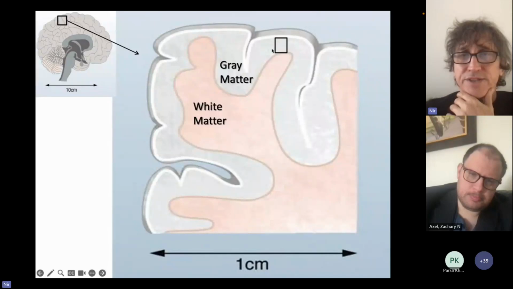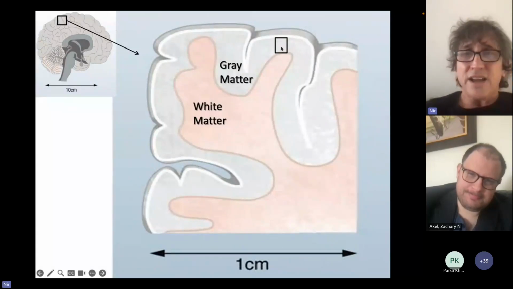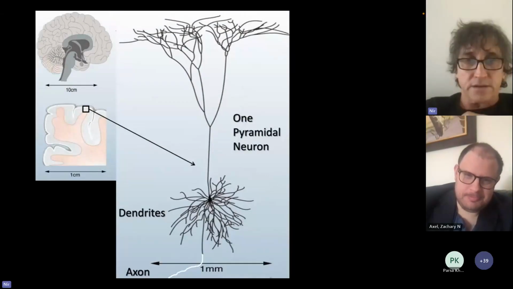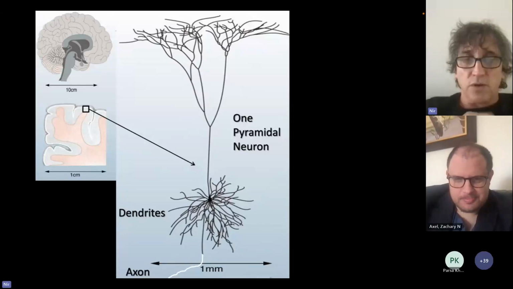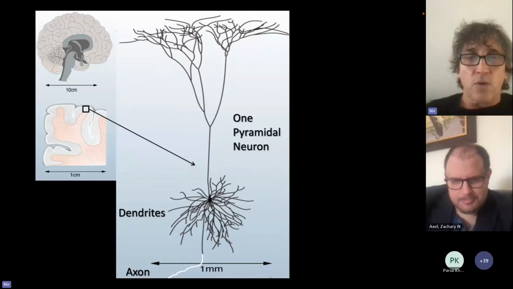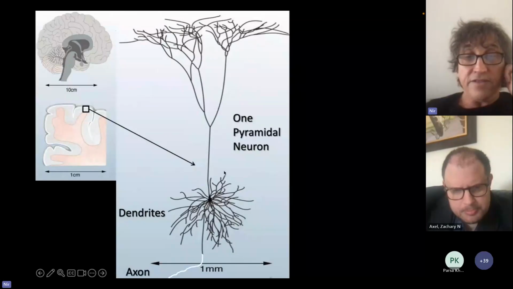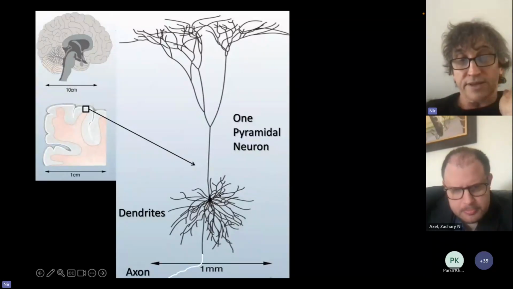So let me go down another factor of 10. Here's another little piece of brain, another factor of 10 smaller. Now we're looking at 1 millimeter of brain. What do we see in there? Well, we can see a pyramidal neuron, like a neuron in cortex.